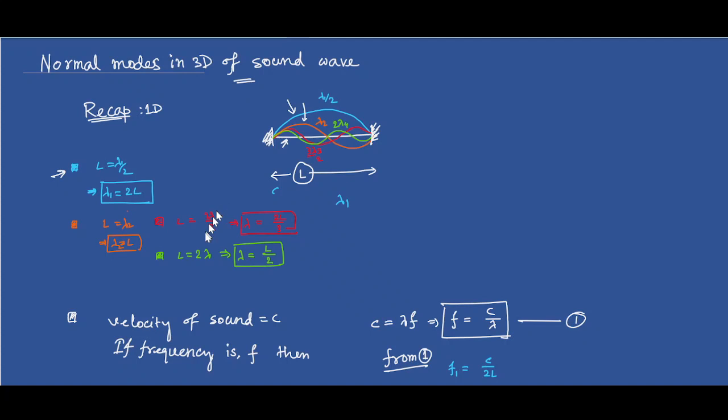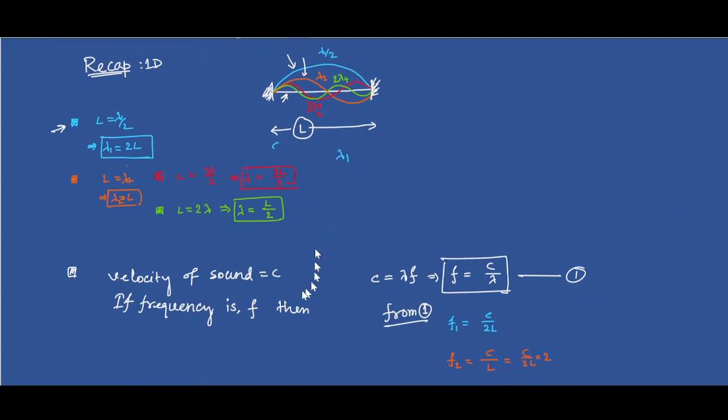After that, consider the velocity of sound is c and the frequency is f. Then we know that velocity equals wavelength times frequency, and from this expression we get f equals c over lambda.